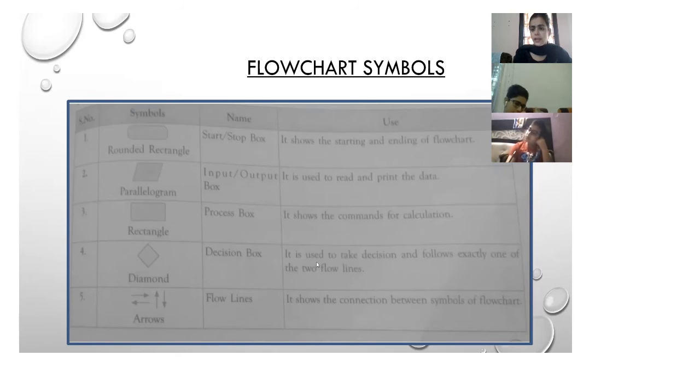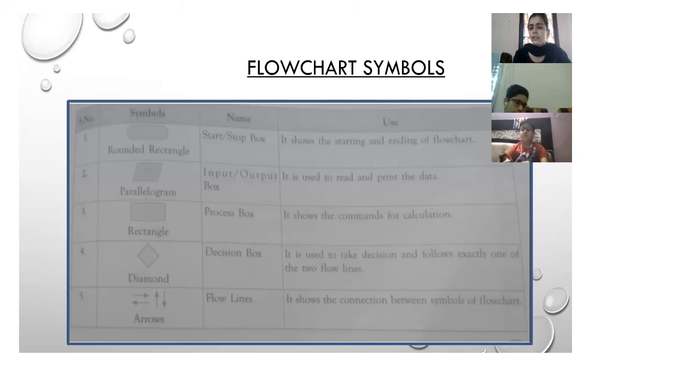Decision box. The decision box is basically used whenever we have been given some condition. For example, if 10 is less than 20, if age is greater than 18, any condition, we will use the decision box. Am I clear? Then flow lines. They show you the connections between the symbols of the flowchart.